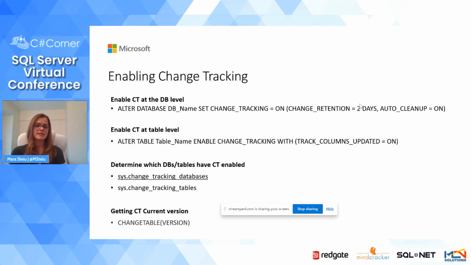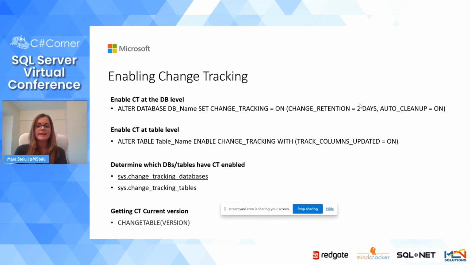Again, to enable change tracking, as I was mentioning, you have to do that on the database level. As you can see here, you have the retention policy, which you can configure. And then when you enable it at the table level, column tracking basically enables your application to synchronize only those columns that were updated. So this is great because you can improve efficiency and performance.